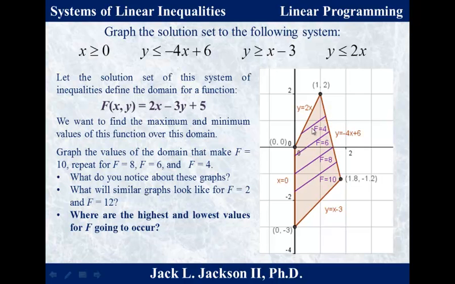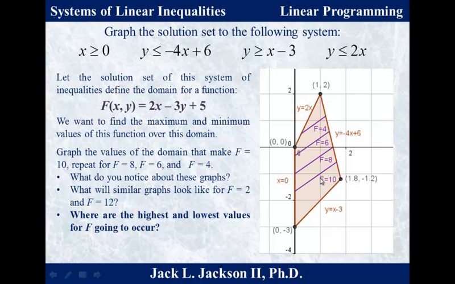It's only those in between. Then if we do it again for f is 6, we graph 6 equals 2x minus 3y plus 5. We get this line right here, and we only get this part of the line, which intersects the boundary curve here at x equals 0, and over here it intersects the curve y equals negative 4x plus 6. Similarly, we can do it for f is 8 and f is 10.